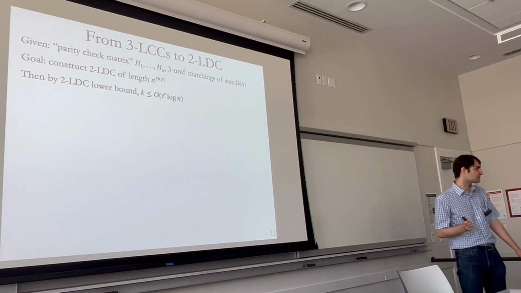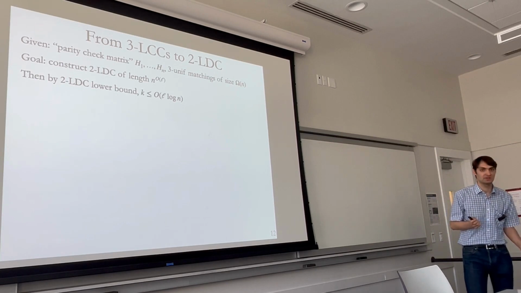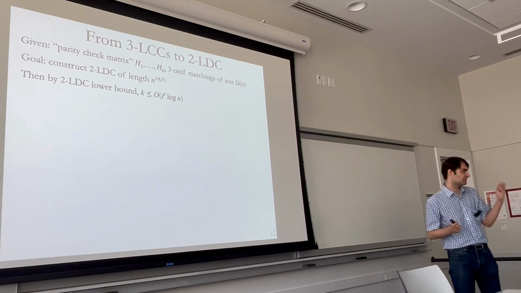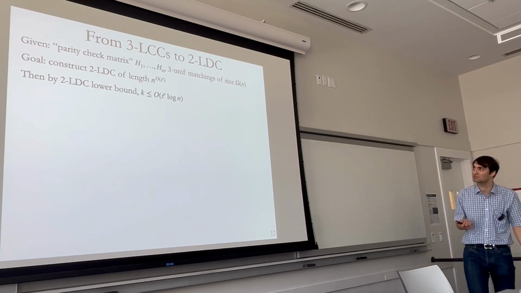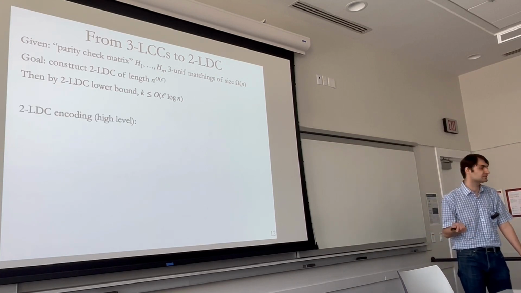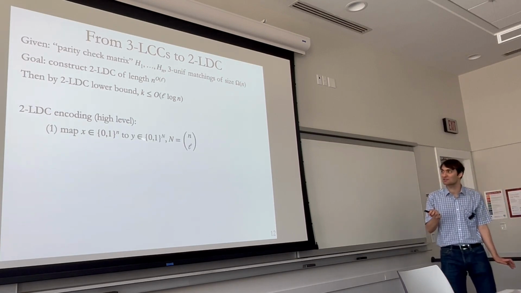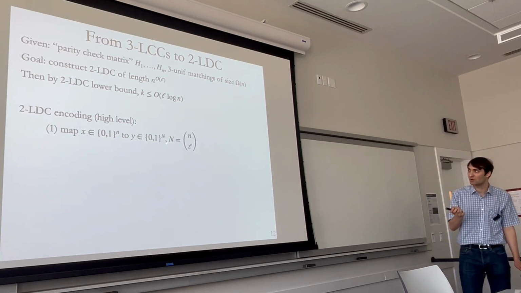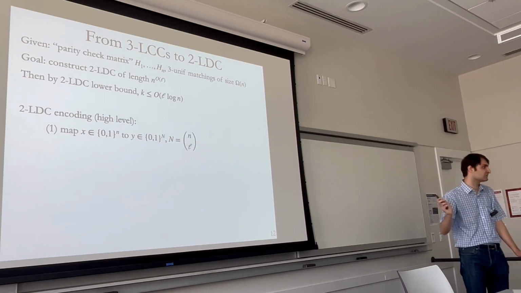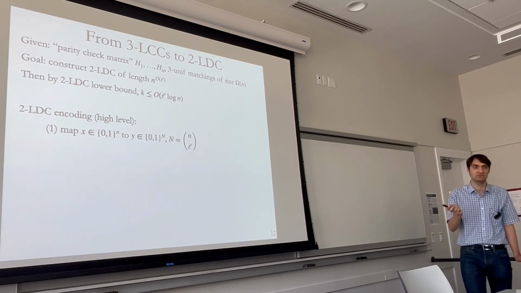So I'm going to define my 2-query LDC by giving you a transformation that will take a code word in the LCC and produce the corresponding code word in the LDC. And it's going to be very, very simple. So I'm going to take code word x, and I'm going to map it to a string y in 0,1 to the big N, where big N is n choose L, where L is the same L as here. This is the parameter that I will choose.